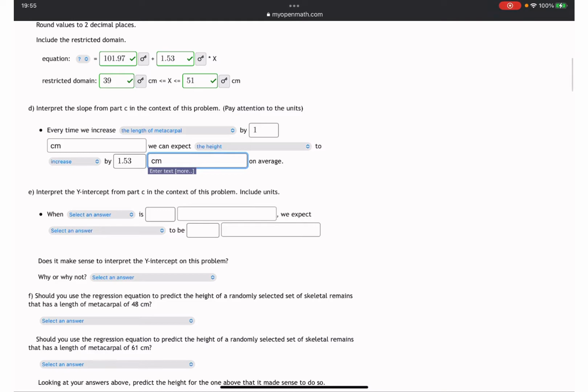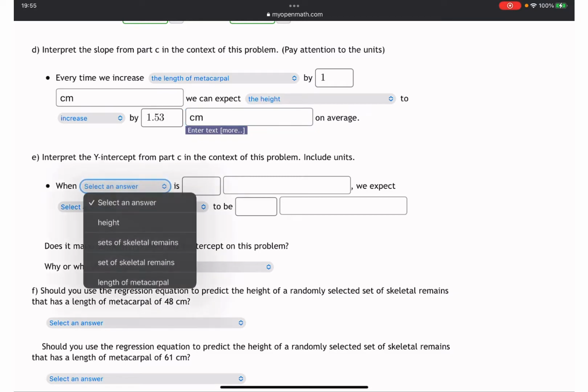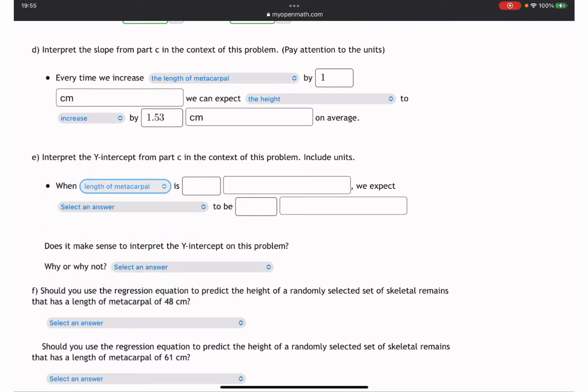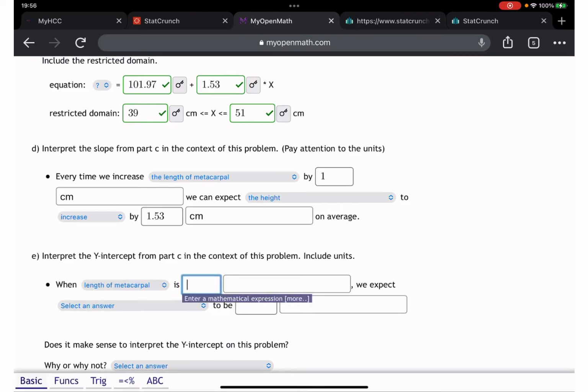Okay. So moving to E. Interpret the y-intercept, which means we take x equal to 0. Which means the length of metacarpal is 0.